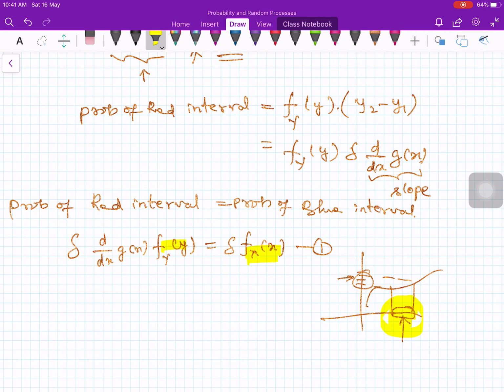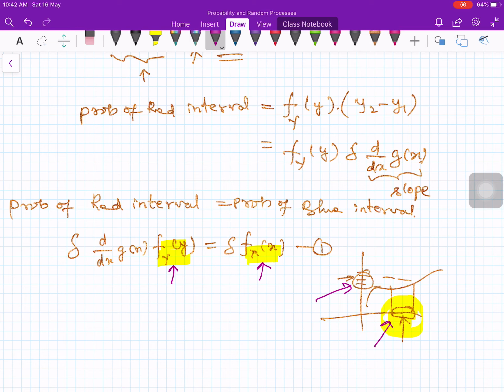This density fy of y is also big. So whenever the x values are very likely to occur, then the density function is big. And if this density function is big, then this function is also expected to be big. If these x's are very likely to occur, then those y's are also very likely to occur.